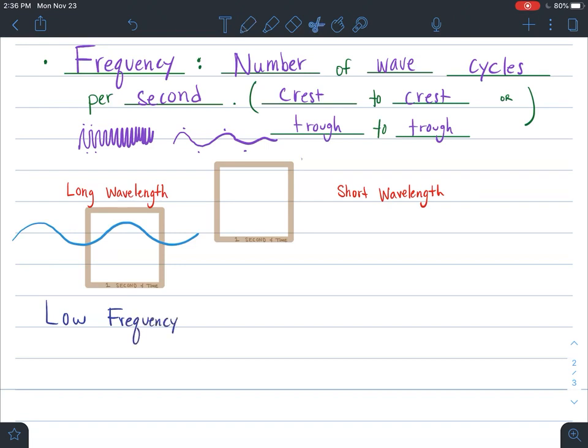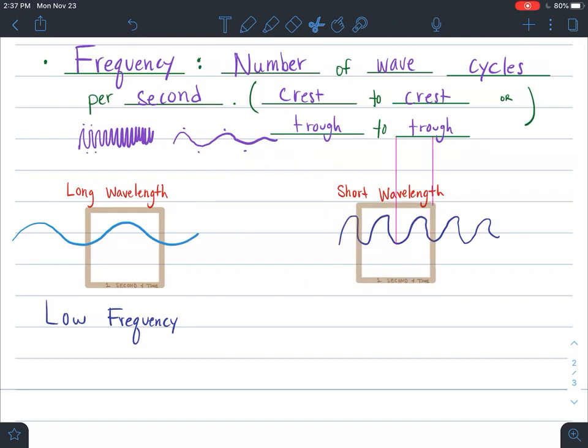But if we take that same box and move it over towards a short wavelength, you can probably already see the number of waves that happen in 1 second. You can see there's more waves that happen in that box in that 1 second of time. So since there's more of them, we would say that this is a high frequency wave.